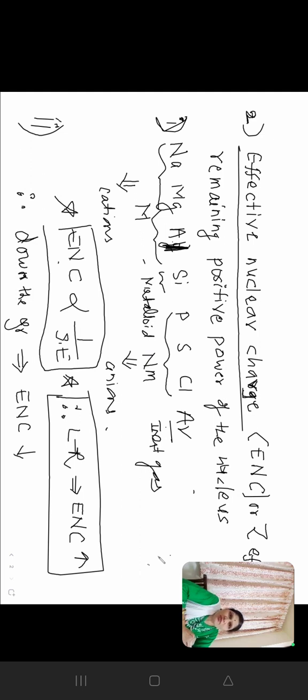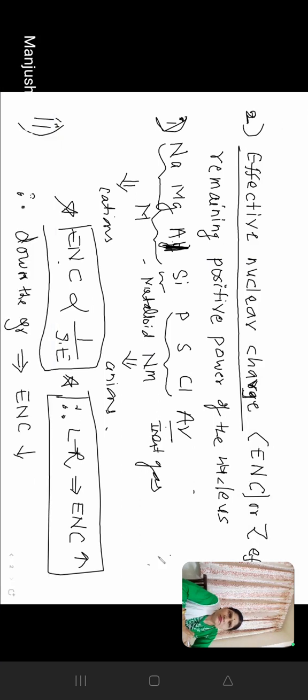Who will explain about the screening effect? What happens down the group? Tanvi, tell. So down the group, the atomic number increases, and along with that, the nuclear charge also increases.